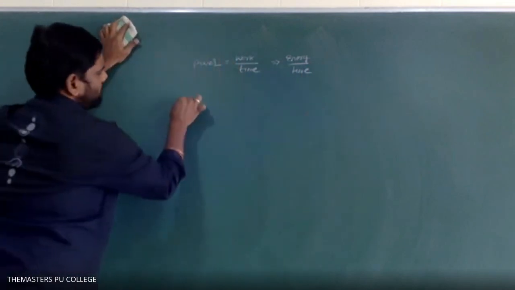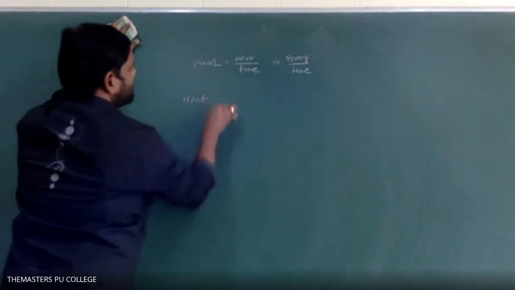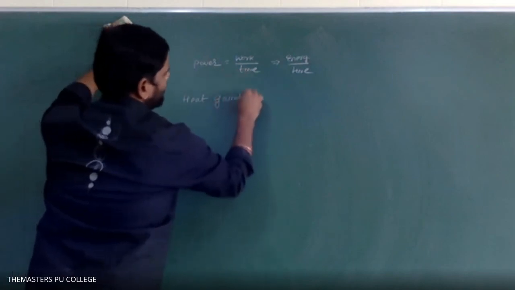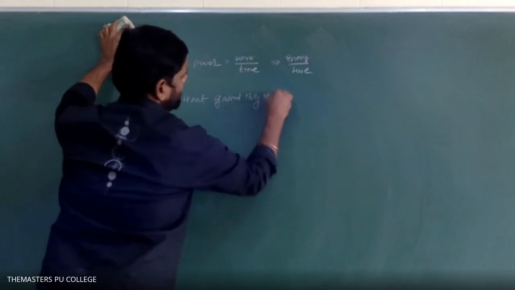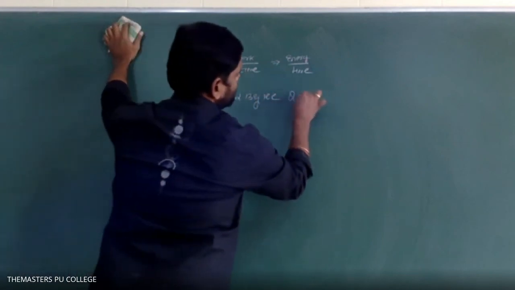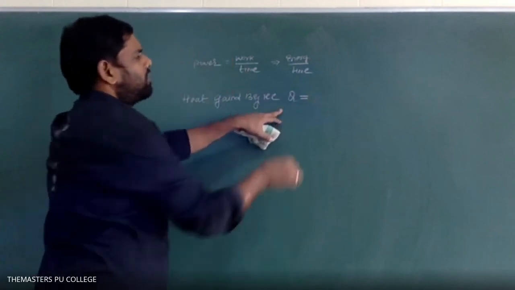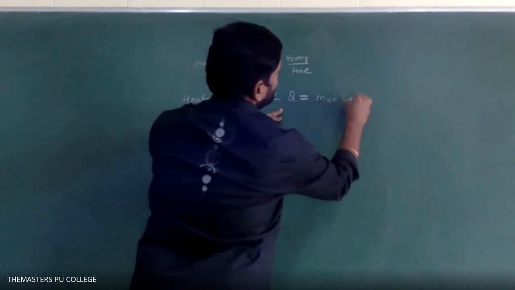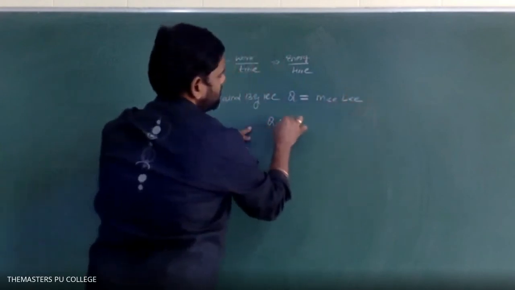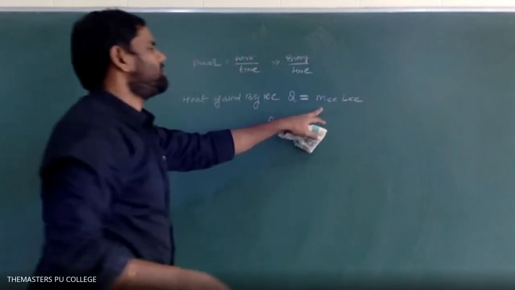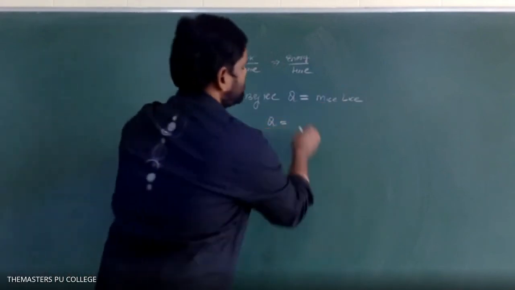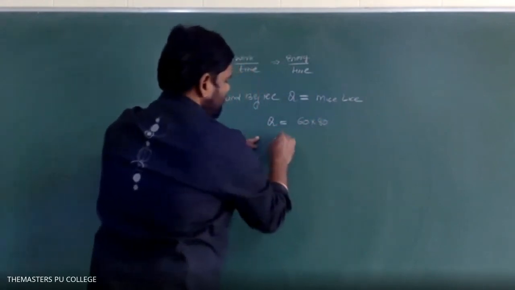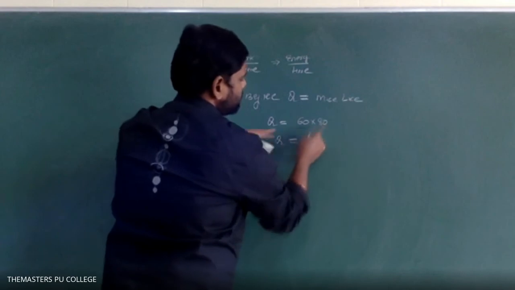Therefore, heat absorbed or gained by ice, Q, is equal to the mass of ice melted times the latent heat of ice. So Q is equal to the mass of ice melted, 60 gram, times the latent heat of ice, 80. Therefore Q is equal to, what can I write?